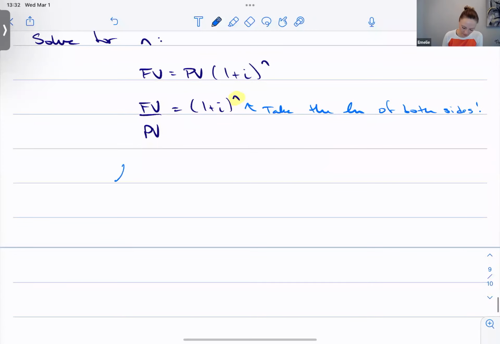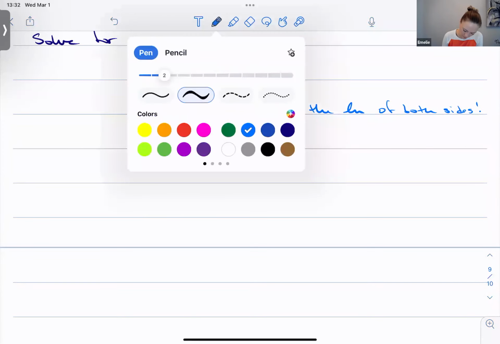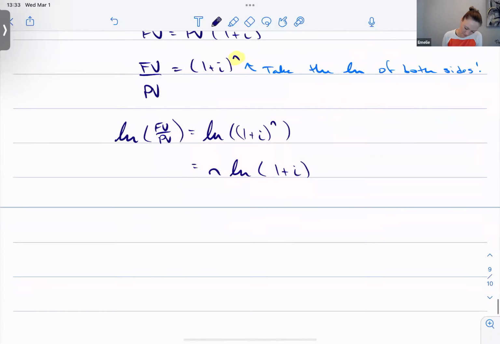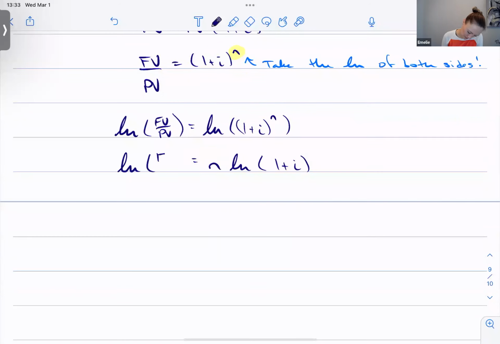The natural log of FV over PV is the natural log of 1 plus I to the power of n. By the log laws, I'm allowed to rewrite that on the right-hand side as n times the natural log of 1 plus I. So that's how we bring that power downstairs.